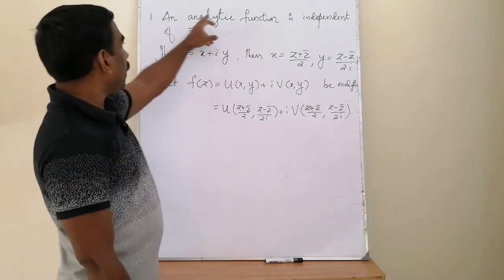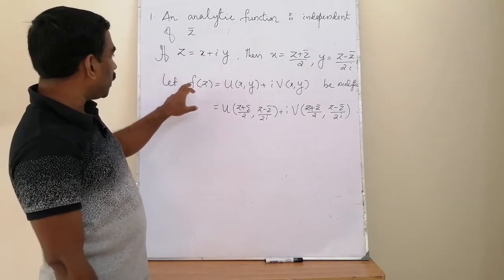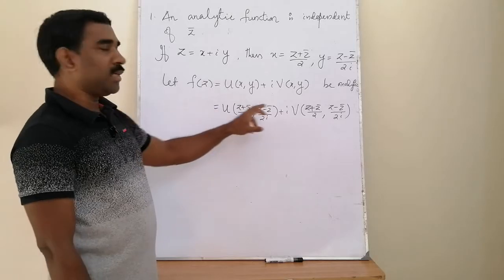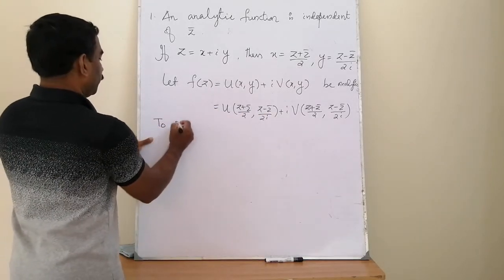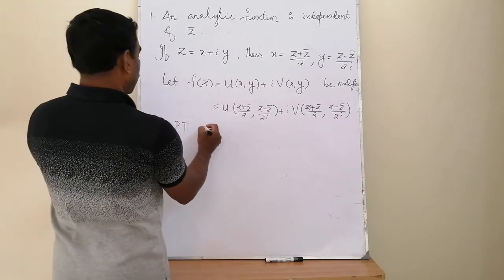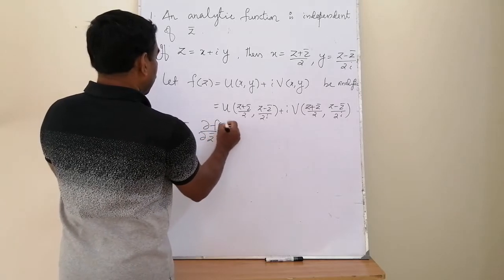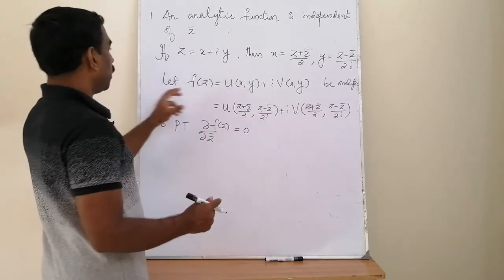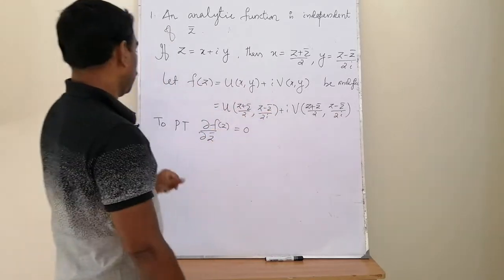Now we have to prove that this analytic function is independent of z bar, meaning if we partially differentiate this f with respect to z bar, the answer must be 0. So to prove that f is independent of z bar, it is enough to prove that dou by dou z bar of f is equal to 0, because f can be written as a two variable function of z and z bar.